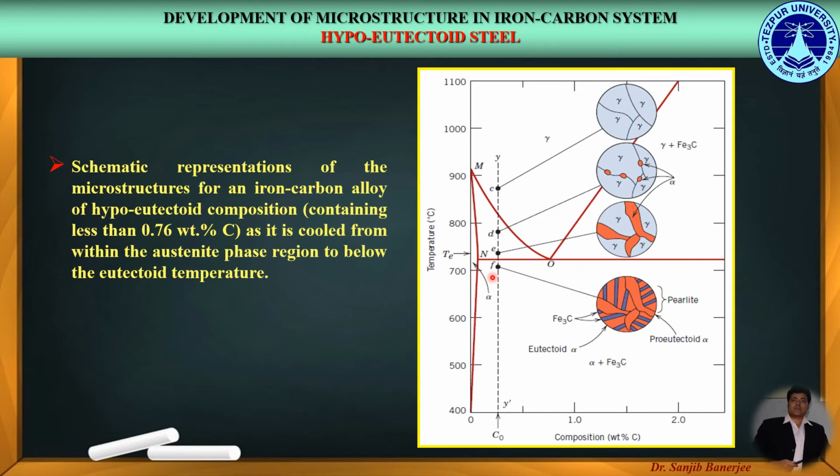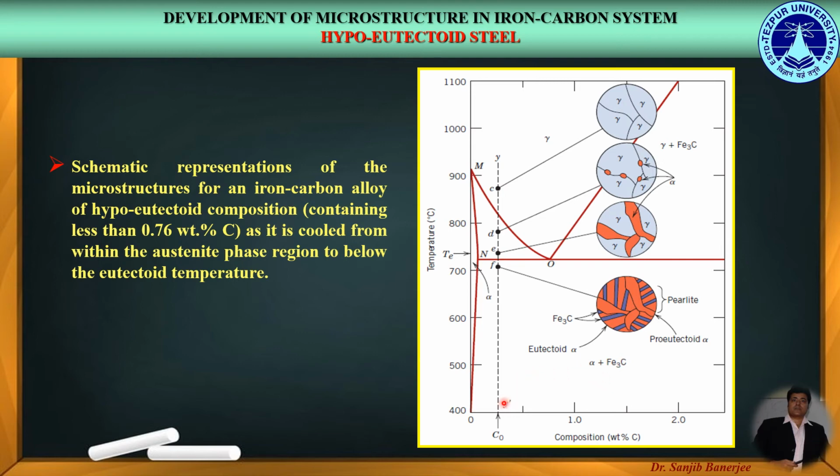So in this iron carbon phase diagram, this dashed line represents the particular hypoeutectoid steel composition of C0. Here we get the uniform ferrite or alpha phase. Here the uniform phase of austenite or gamma. Over here the phase of alpha plus gamma, and here a combination of alpha plus cementite, together termed as pearlite.